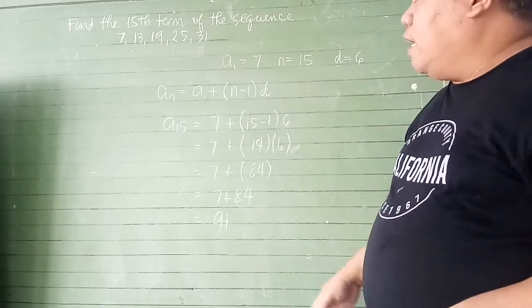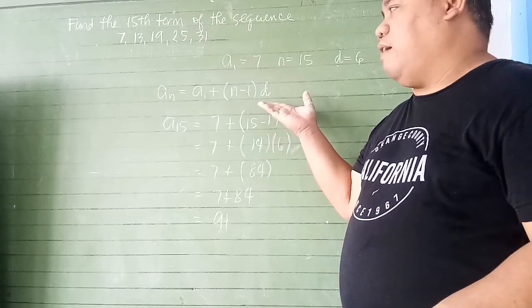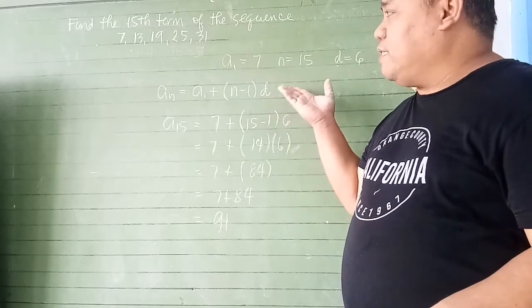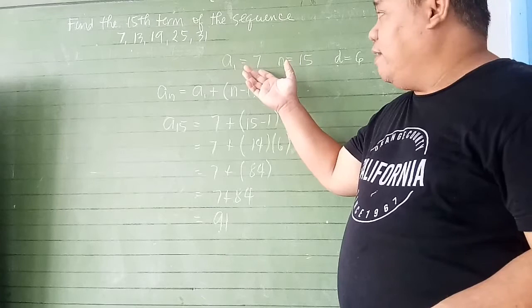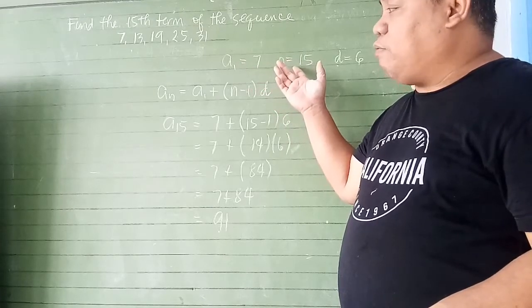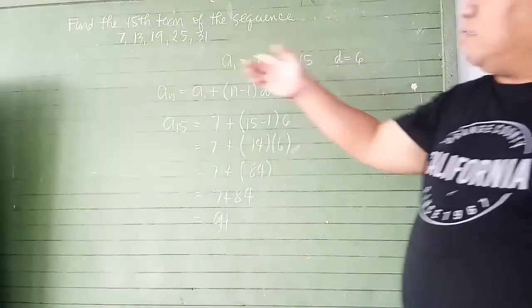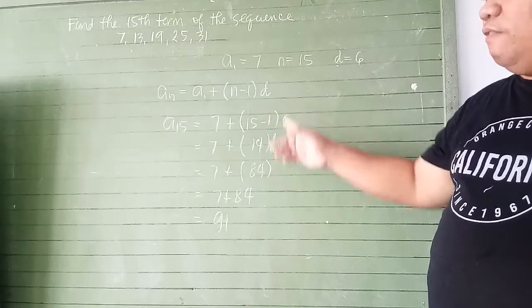Now, remember our formula. Our formula for arithmetic sequence is a sub n is equals to a sub 1 plus quantity n minus 1 times d. So get first the given. Our a sub 1, of course, the first term, is 7, and the term that we're looking for is 15. And d is the common difference of this sequence. So let us pattern those given to the general formula.